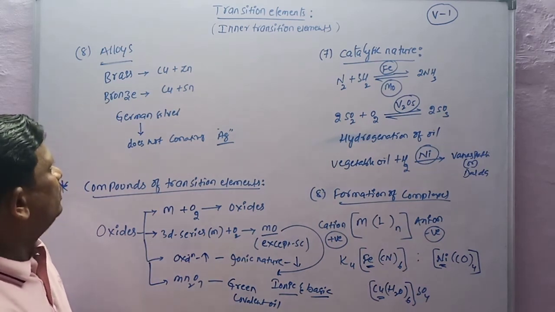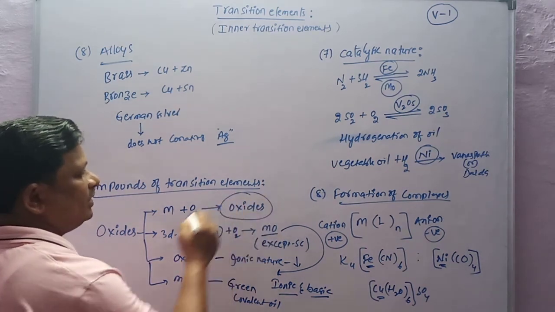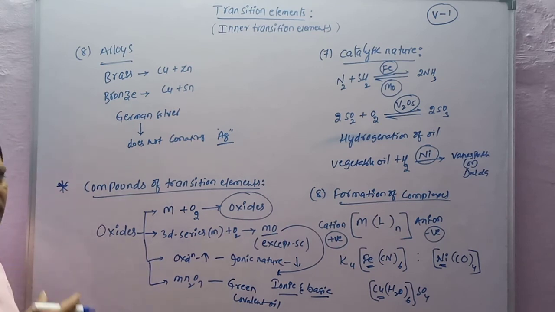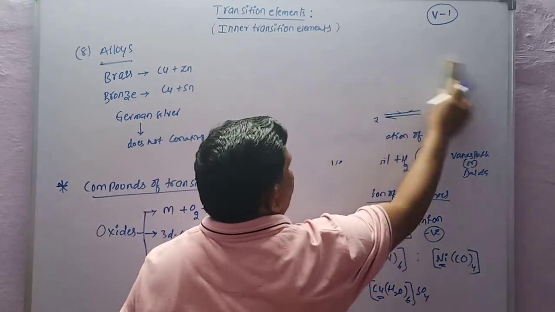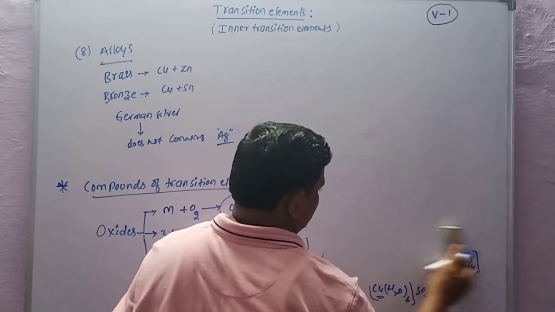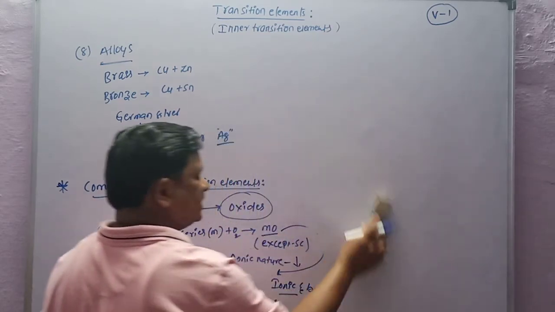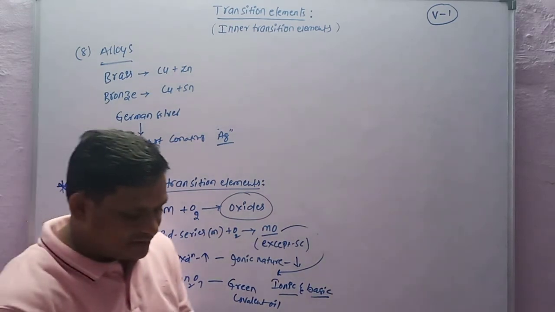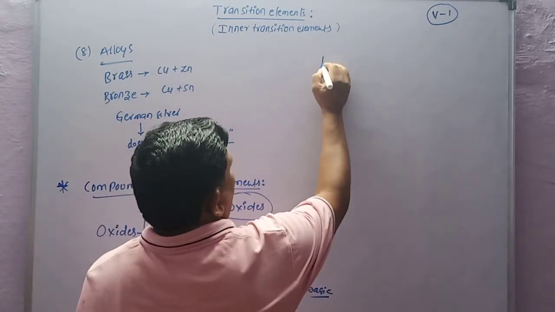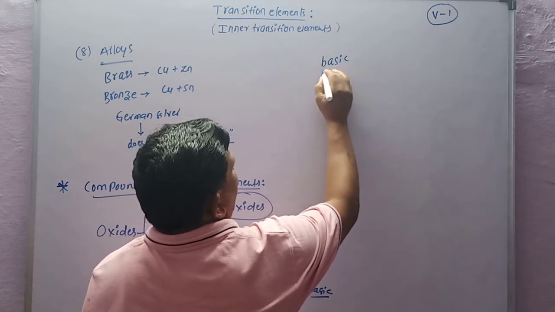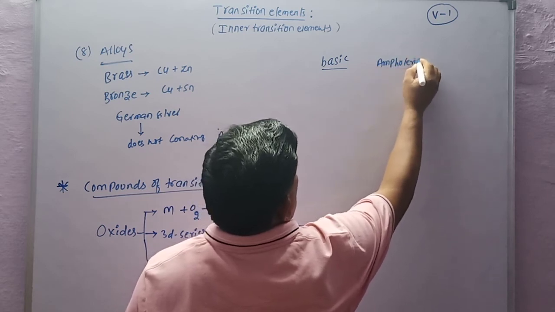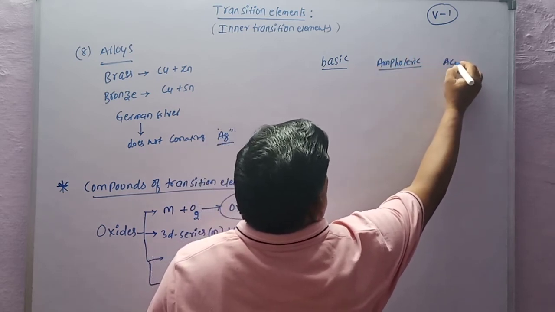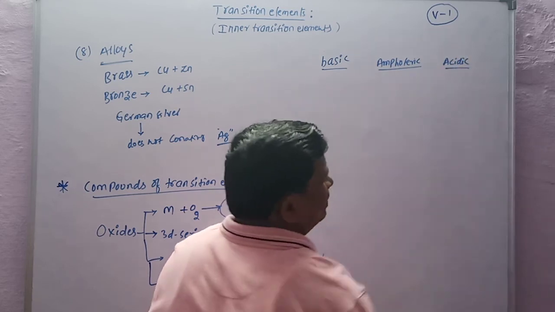Now these oxides may be acidic, basic, or neutral, that is amphoteric, in nature. Oxides are classified into basic oxides, amphoteric oxides, and acidic oxides.